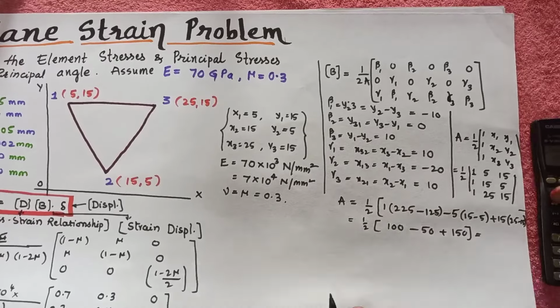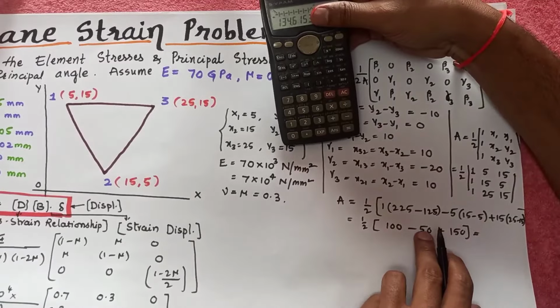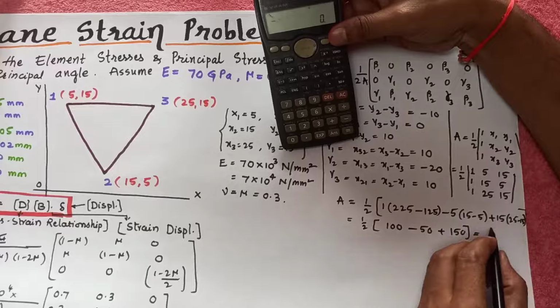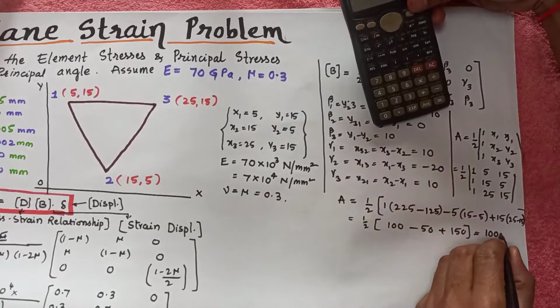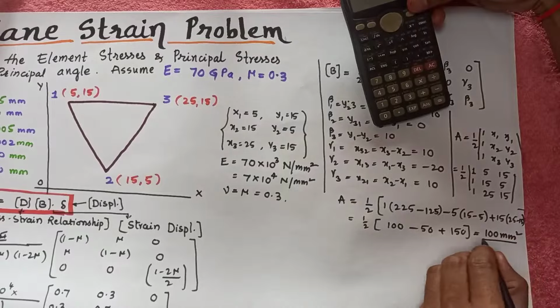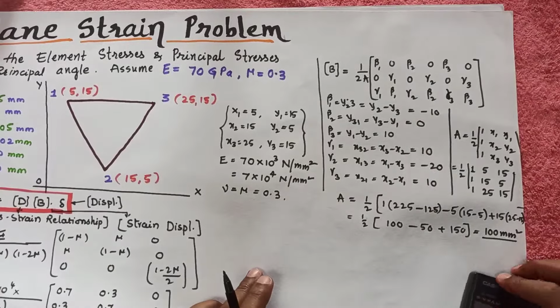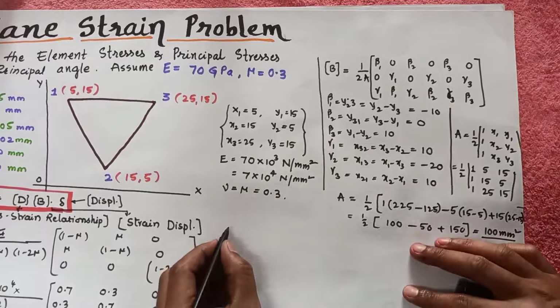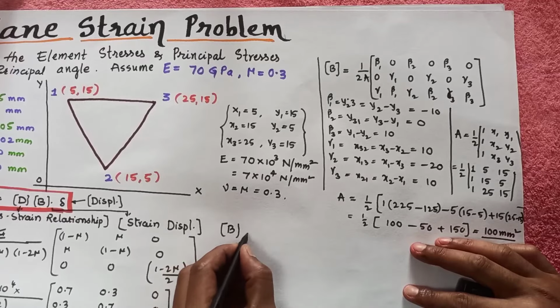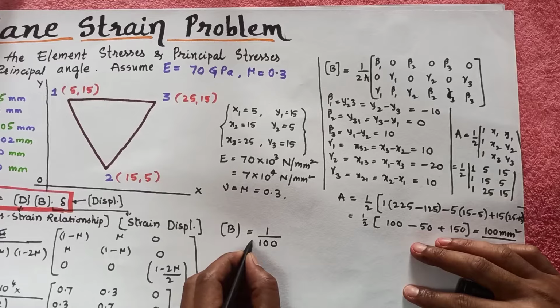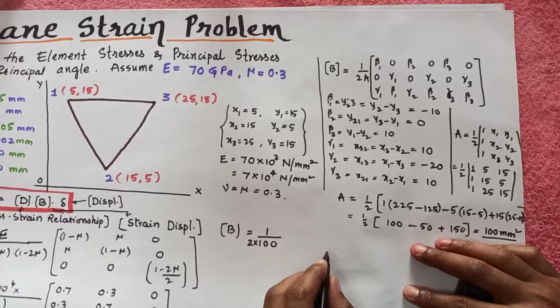So total 250 minus 50, you will get 200 by 2, that is 100 millimeter square. So the area of the triangle element is 100, A is 100. Okay, so now we will substitute in the B matrix. So 1 by 100, so that is 2 into 100, 2A, right?